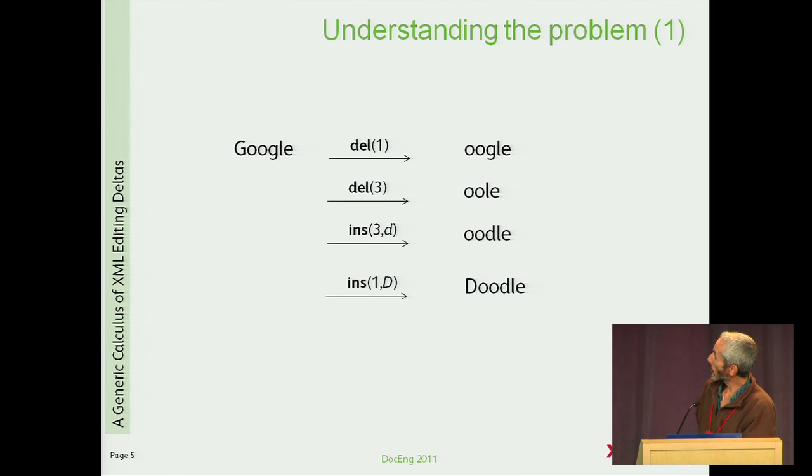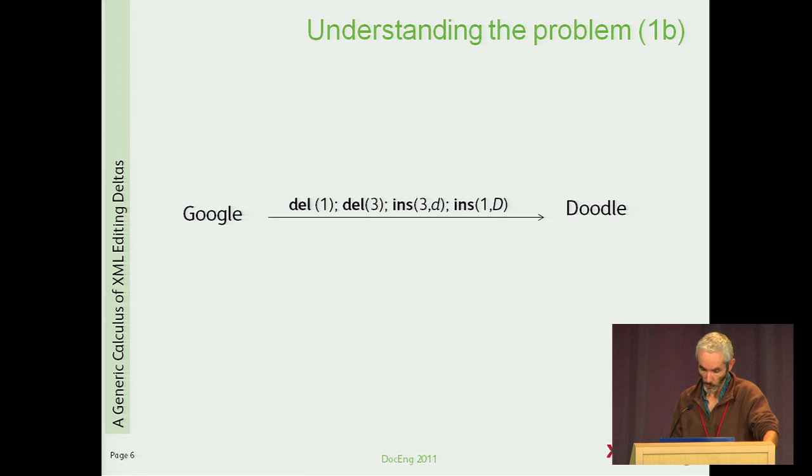Here we describe a simple transformation applied on a string, and you see that you have several steps where we use a designation mechanism based on integers, and two simple operations, deletion and insertion, as you know, to transform an input string into a result string. So we can compose all these operations together using the semicolon operator and get this more compact notation with the same meaning.